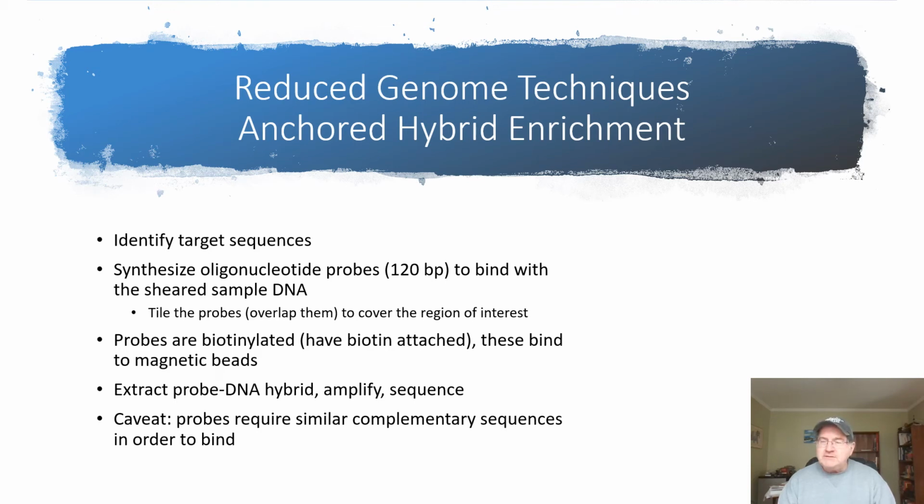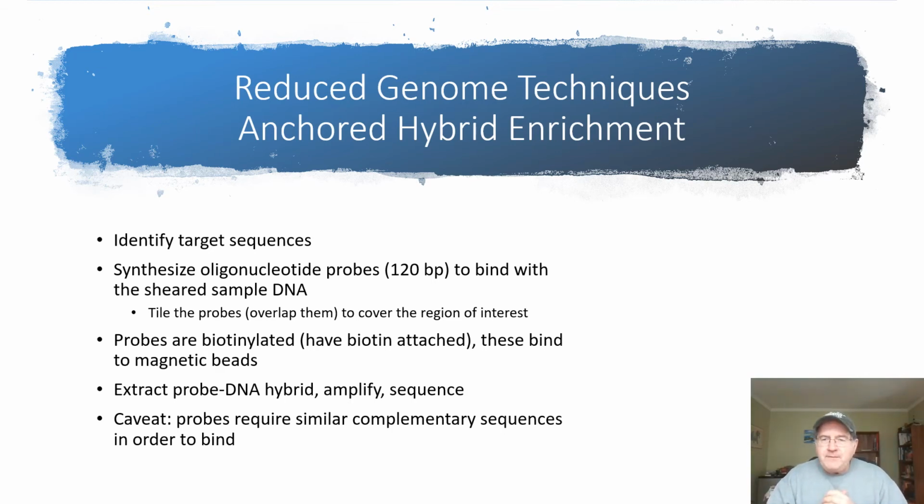Either it matches entirely, or they need to match pretty closely. The probes are short, 120 base pairs, something like this. So you have a long sequence, and you have short sequences in the probes that match parts of it. And you design these probes such that they overlap, so that you can, in theory, get that entire stretch of target DNA, with probes binding to it throughout its length.